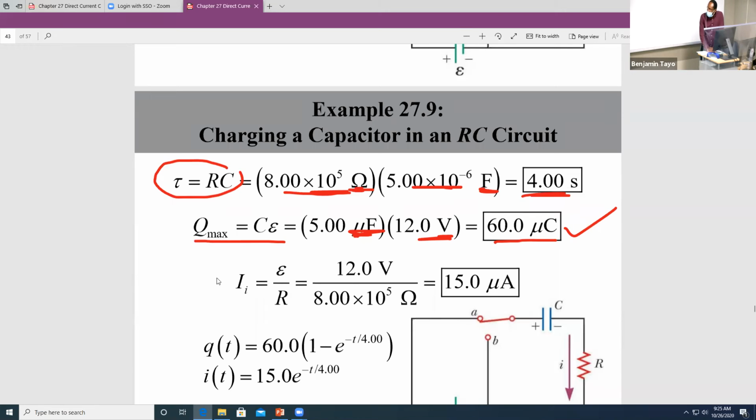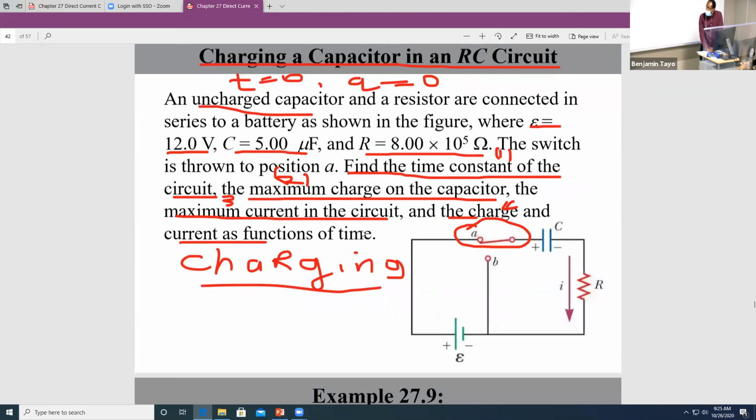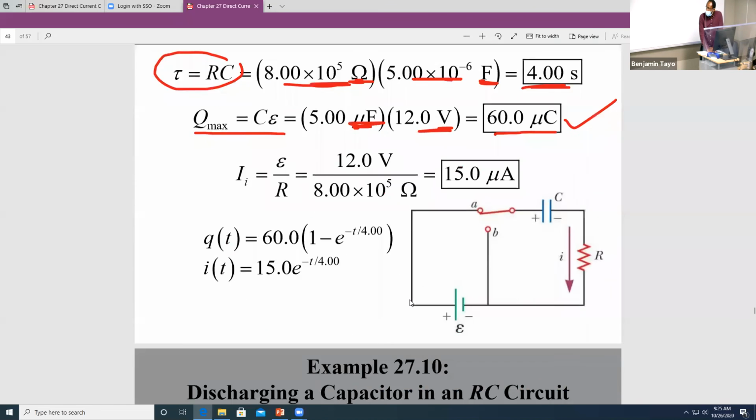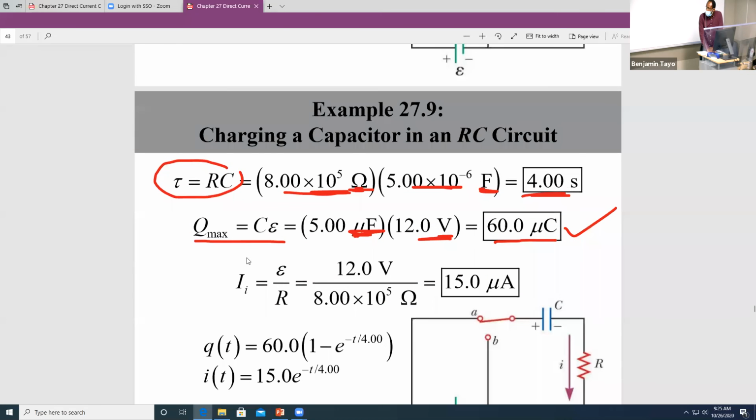Now, in the next part, you also want to calculate the maximum amount of current, which is just given by this equation. So the maximum current is just given by this equation, and if you substitute, you get 15.0 microamps.